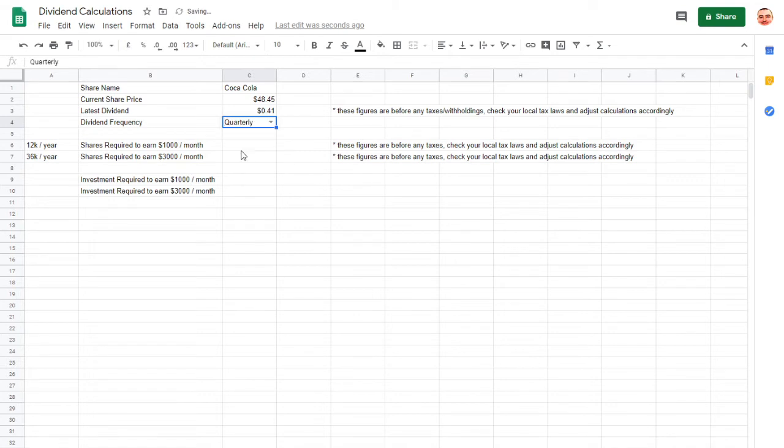Dividend frequency is quarterly. Now the calculation for this one is different because it pays out less frequently than the other one. So the calculation for this is 1,000, which is the amount, divided by, and then in parentheses, the last dividend divided by 3, because you've got 4 quarters in a year, so 4 divided by 3 would be the 12.